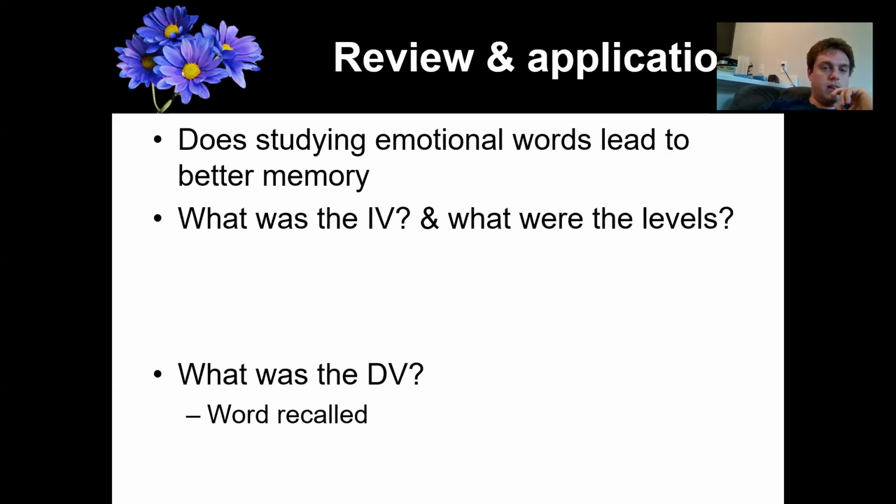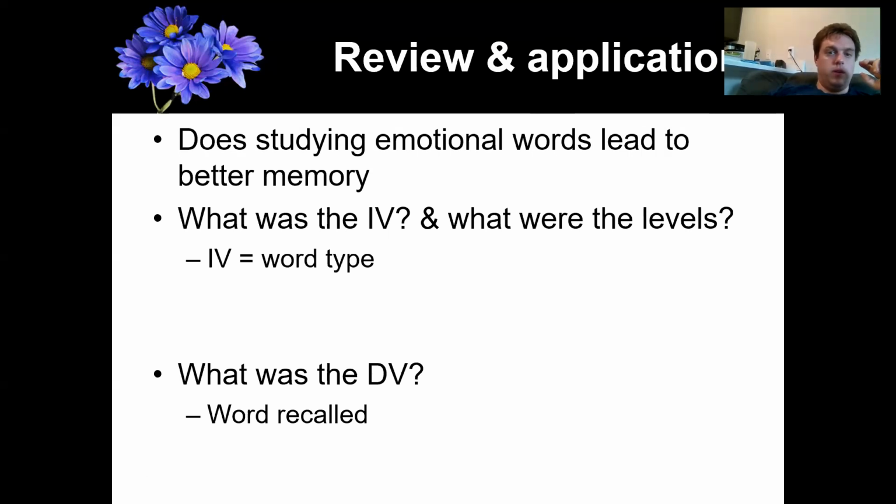Okay, so kind of an application. Does studying emotional words lead to better memory? It does, by the way. What's the independent variable and what are the levels? Well, the independent variable is, again, the thing that we're going to manipulate. So that's going to be word type. We're going to show people either emotional words or neutral words. And then we're going to measure the number of words they recall.